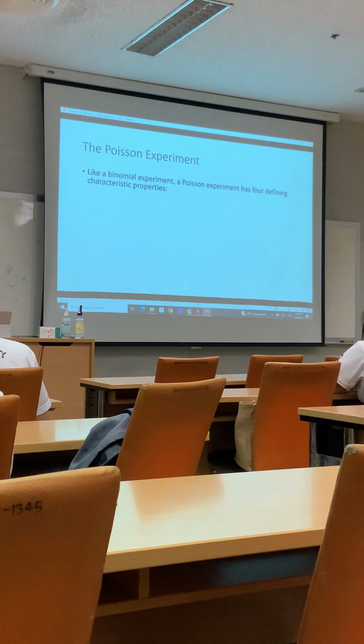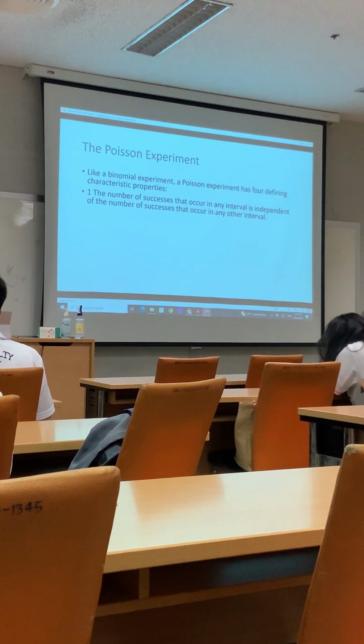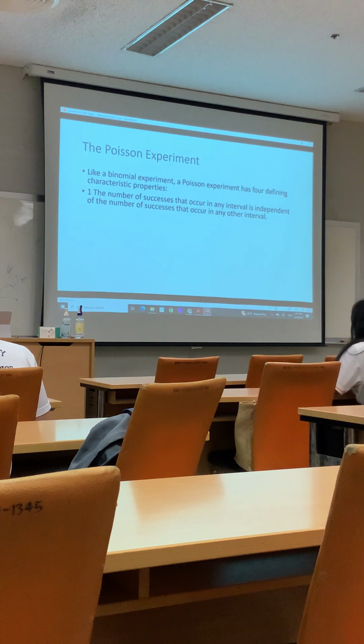Like a binomial experiment, a Poisson experiment has 4 defining characteristics. 1, the number of successes that occur in any interval is independent of the number of successes that occur in any other interval. Maybe we have 1 intersection, but we have 2 time periods.